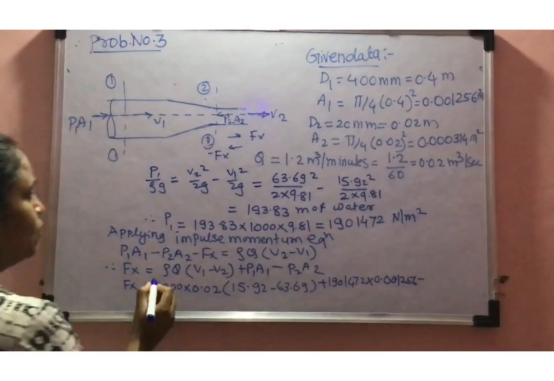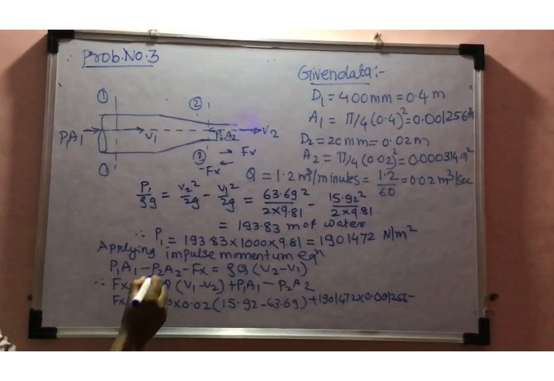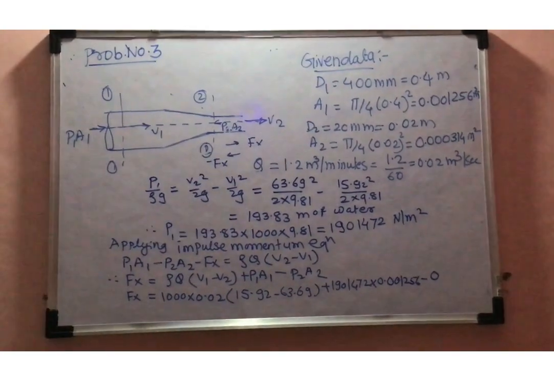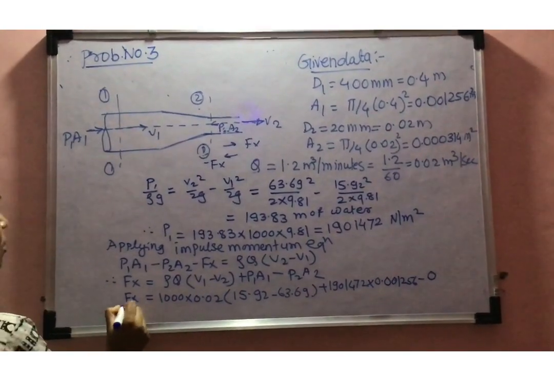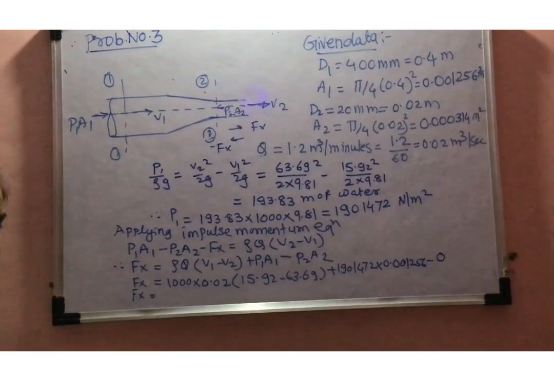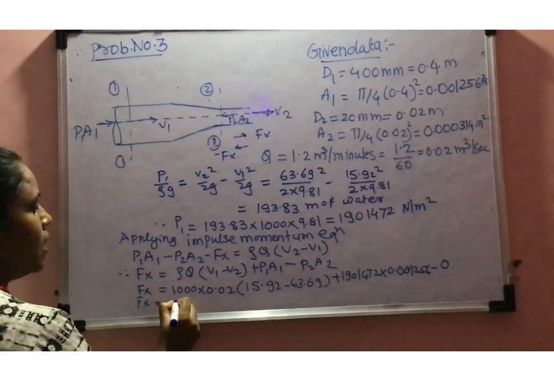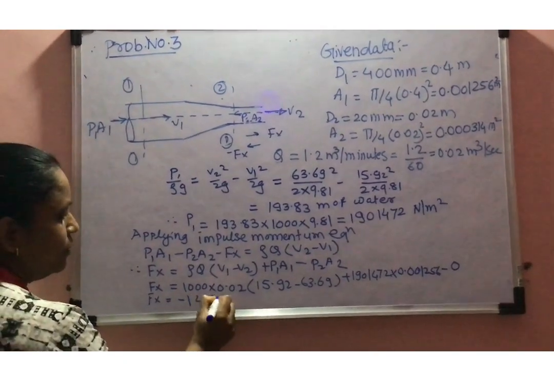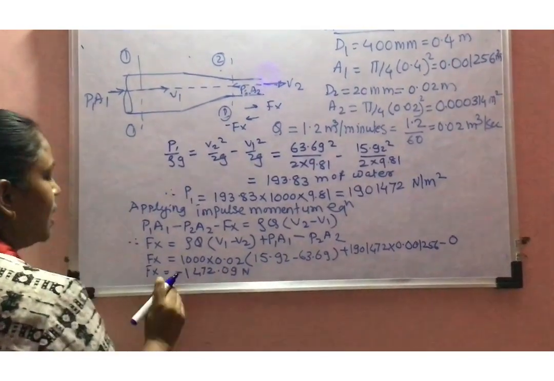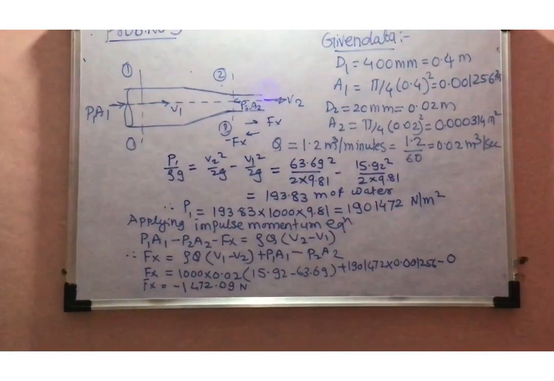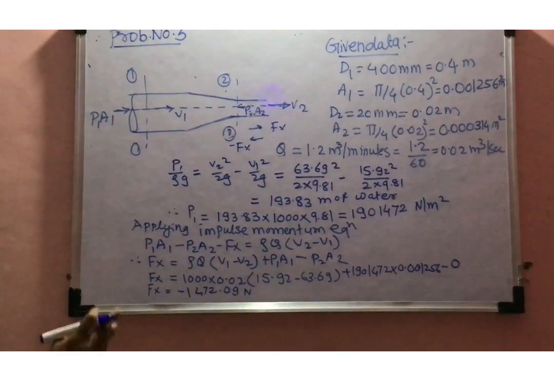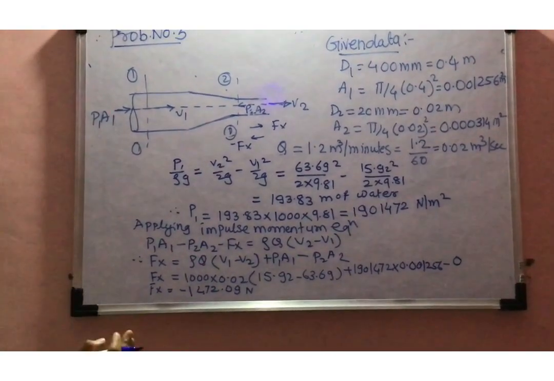Here P2, as we know, is atmospheric pressure, so this term becomes 0. So here I got the value of the force exerted along the x direction as minus 1472.09 Newton, and this minus sign indicates that the resultant force is acting from right to left.